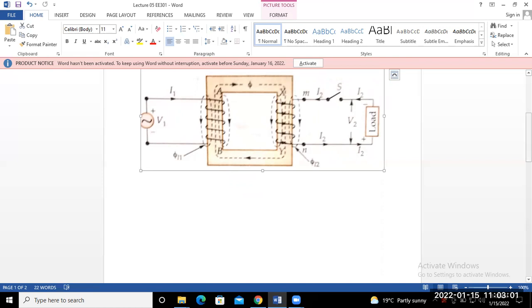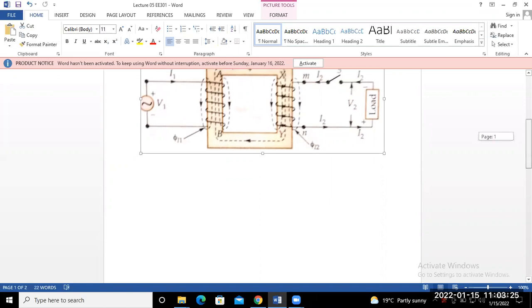So E2 is the summation of the secondary voltage that appears at the secondary terminal, that means the load terminal, which is V2, plus the voltage drop in the secondary coil. So this is your total EMF induced in the secondary coil.